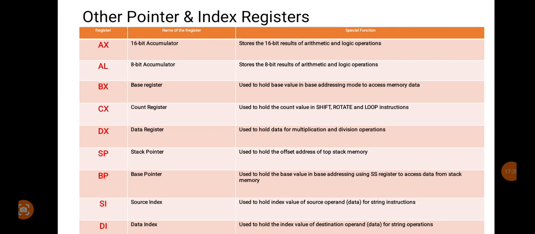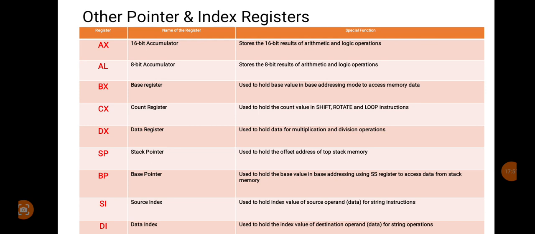Stack pointer, base pointer, source index and destination index are called the index registers. The stack pointer will hold the offset address of the stack memory. The base pointer will hold specific locations of the stack memory.